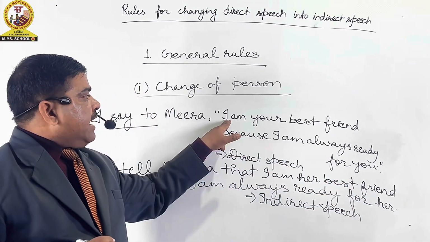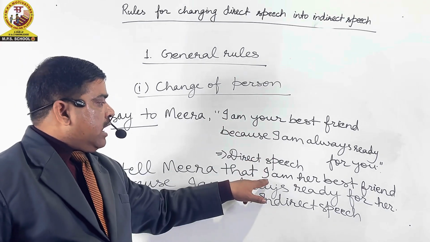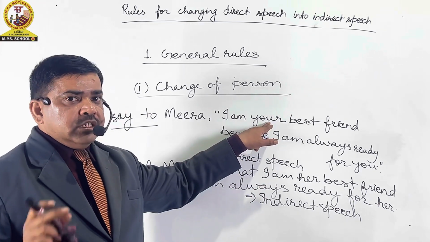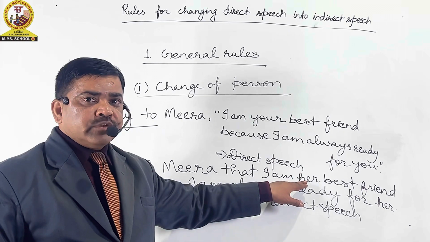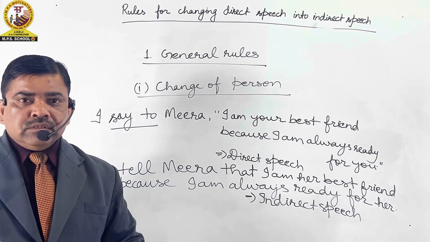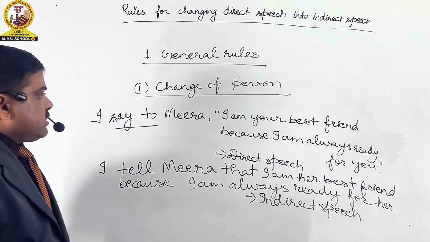Here I is in the nominative case, and here also I is in the nominative case. Here your is in the possessive case, and here her is also in the possessive case. So friends, person will change, but case of the person will not change. Now you can take its screenshot.